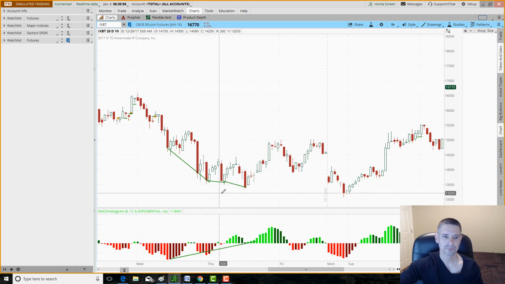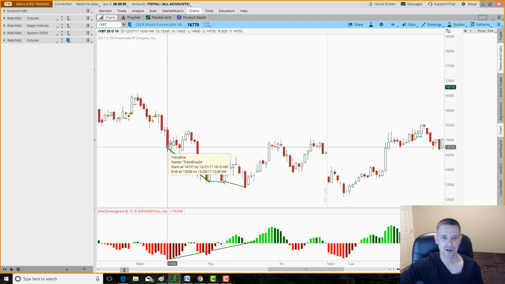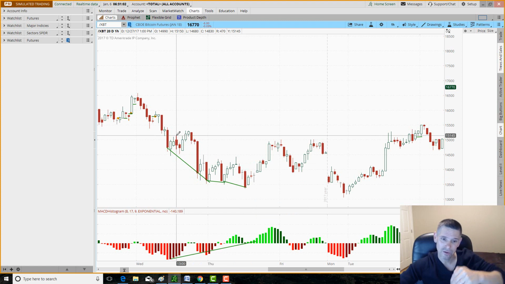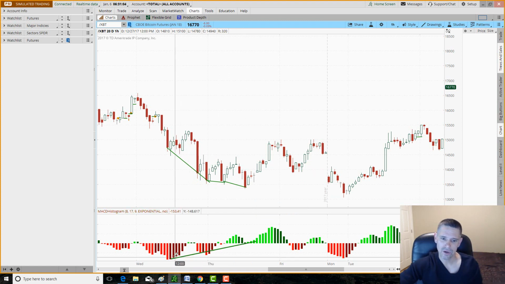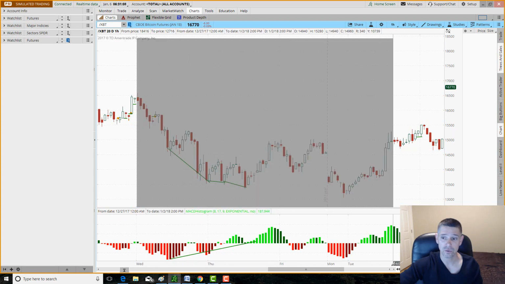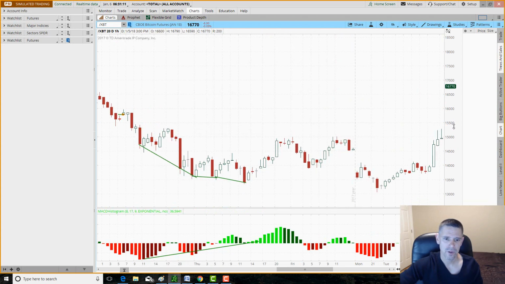In reality, if you take this all the way down to here, price is going down. What's the MACD doing? Going up. Potential clue. Now, it's been giving us clues for a while.